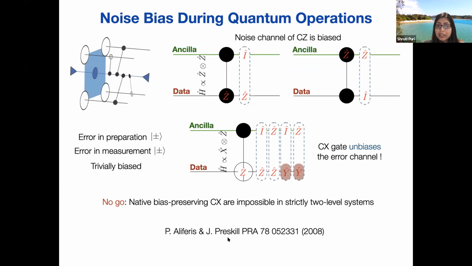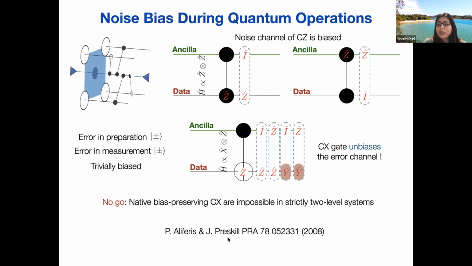You cannot do that in strictly two-level systems. So, well, then it seems that you would not really gain big advantage when you're taking into account circuit level noise, because now your circuit itself is unbiasing the channel.